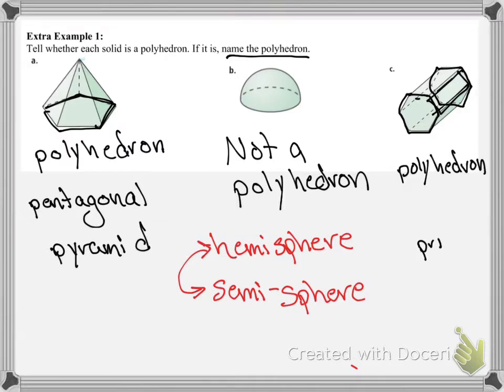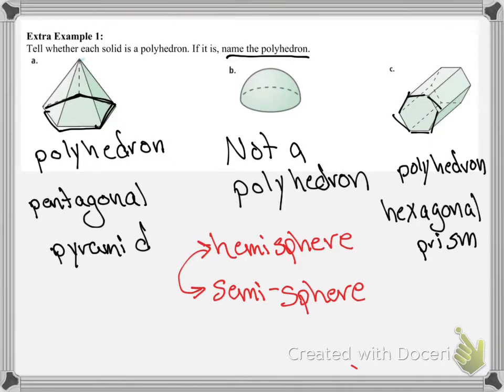And it makes it a prism, but what kind of prism? The base here, that guy right there, kind of hard to tell since I scribbled all over it, has, let's see, 1, 2, 3, 4, 5, 6 sides, so that's a hexagonal prism, because its base is a hexagon.